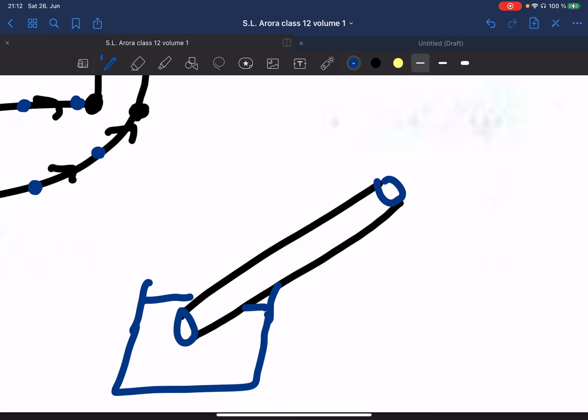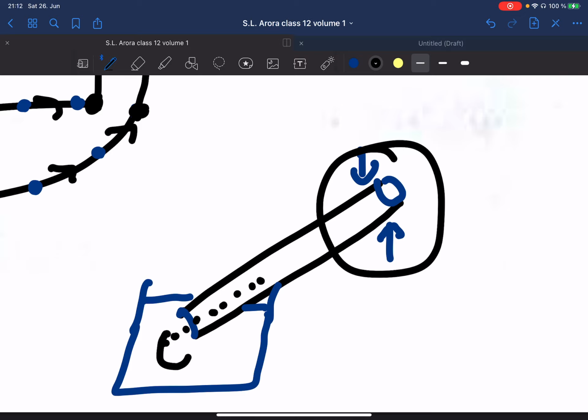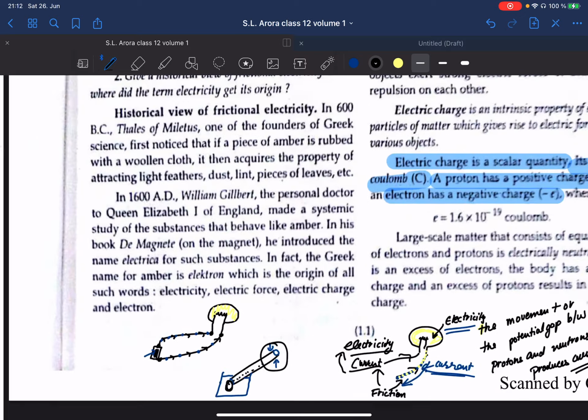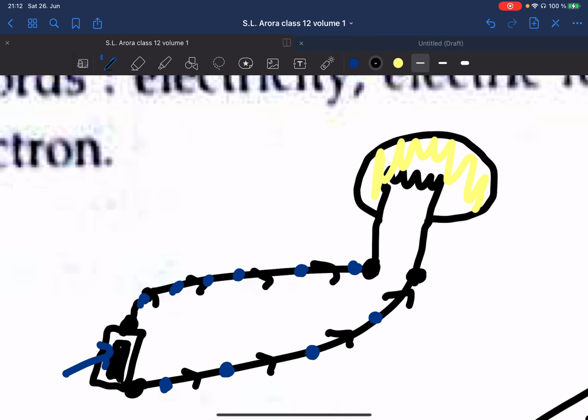If I put water here, and if I bring pressure here, you'll see it'll start sucking up some water. I'll create some pressure here, and to fulfill the pressure, it'll start sucking up some water. It's the same thing. Potential difference is the same thing.